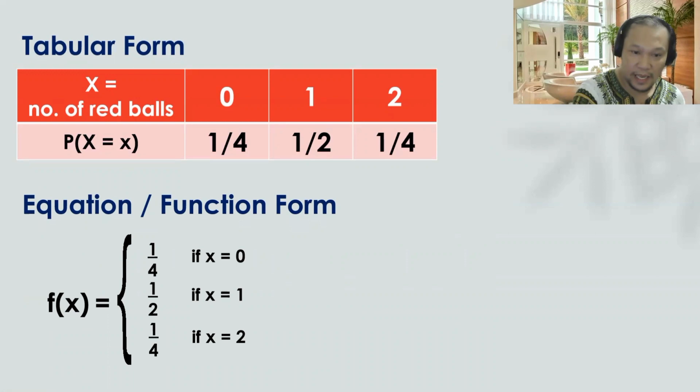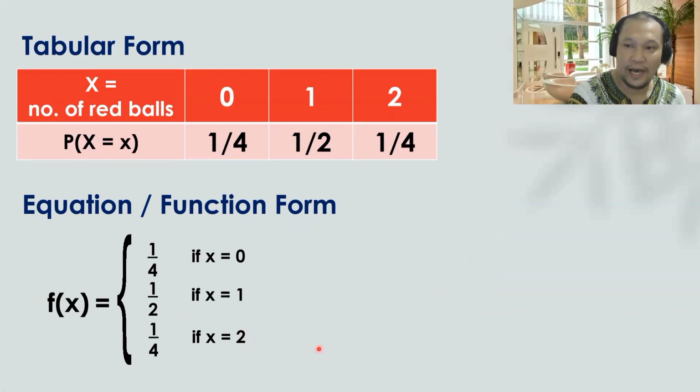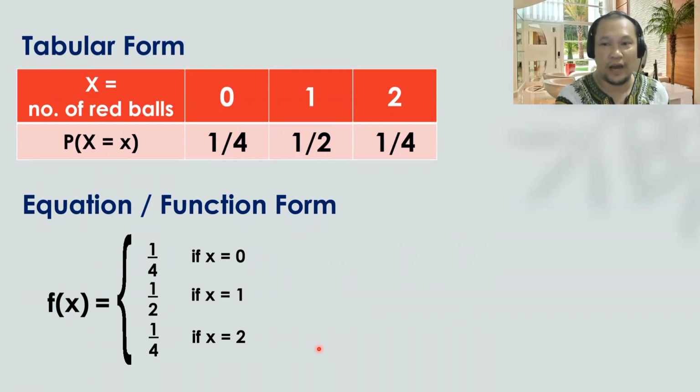The probability if x is equal to 1 is 1/2. And the probability if x is equal to 2 is 1/4.